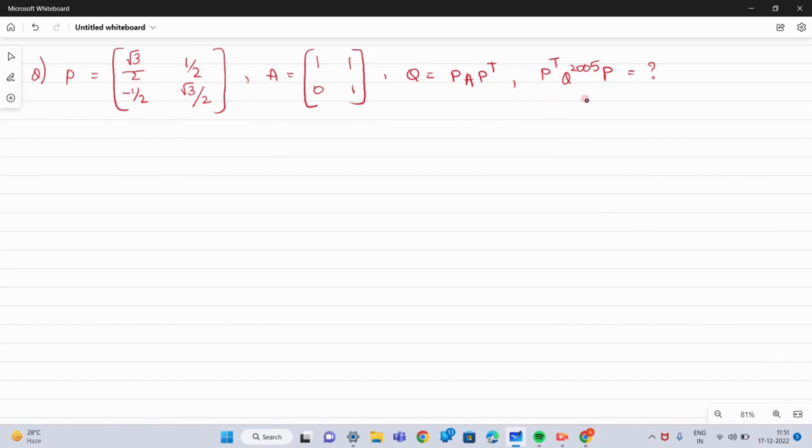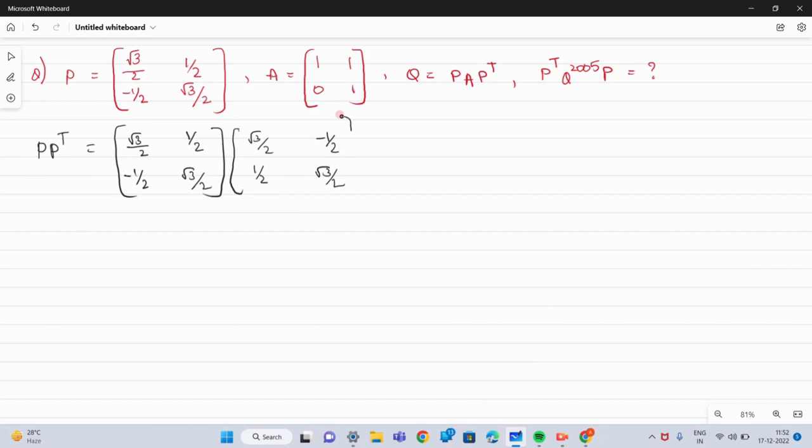To find this, first we need to find out P P transpose, which is [root 3 by 2, 1 by 2; minus 1 by 2, root 3 by 2] into its transpose, which is nothing but [root 3 by 2, minus 1 by 2; 1 by 2, root 3 by 2], which gives 3 by 4 plus 1 by 4, 4 by 4, it is 1.